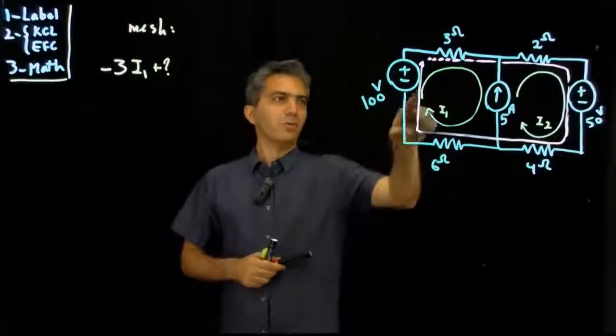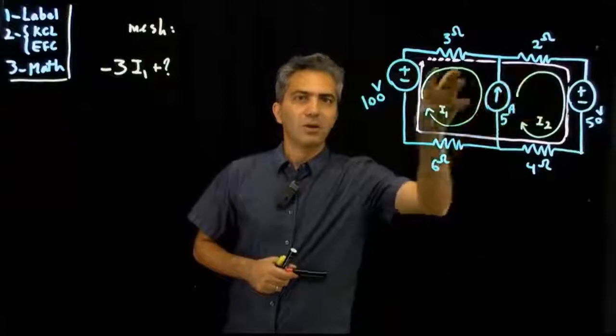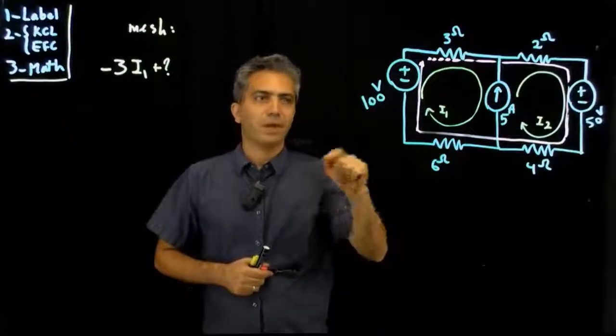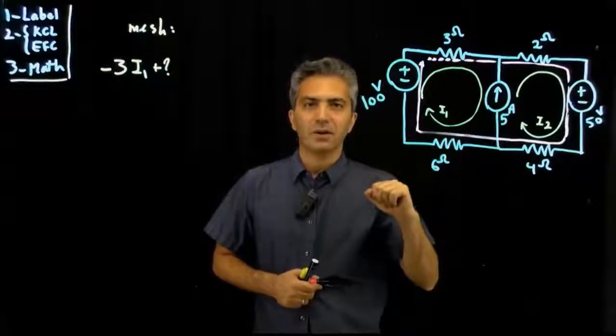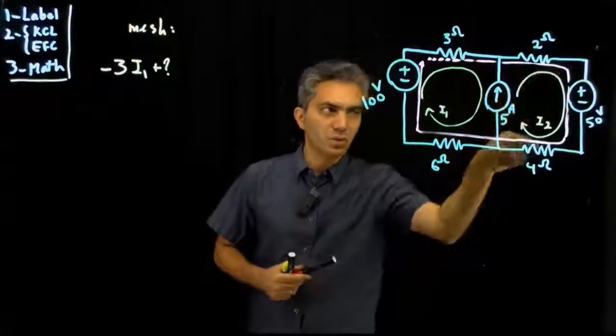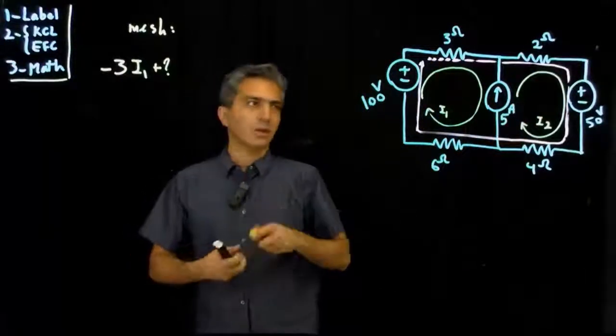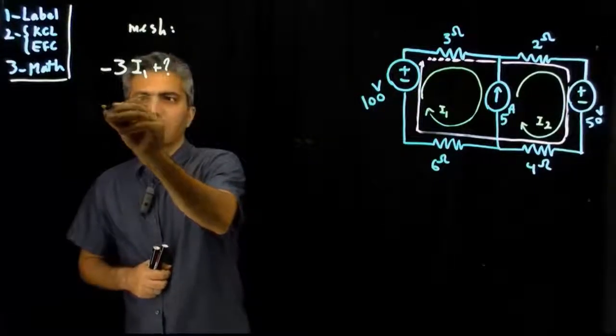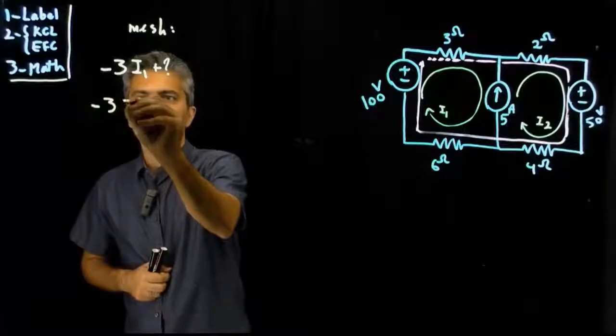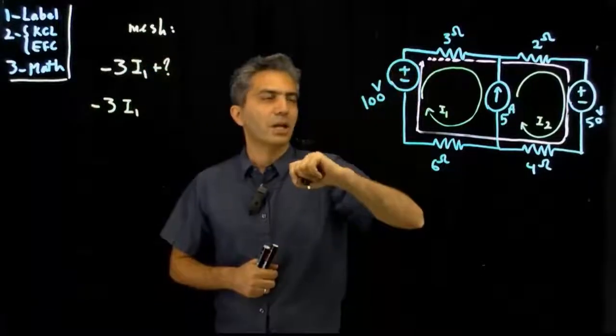So I'm going to now, instead of writing equations for those two individual loops or meshes that I identified originally, go through this new loop and write the equation again. Starting from the same point, I have minus 3 I1 passing through the 3 ohm.